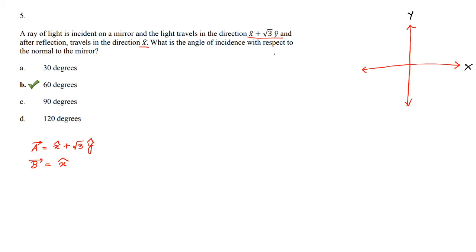And our vector is x cap plus root 3 y cap, that means 1 x cap plus root 3 y cap. So along x-axis the unit vector is x cap and along y-axis the unit vector is y cap. I hope you could understand that clearly.